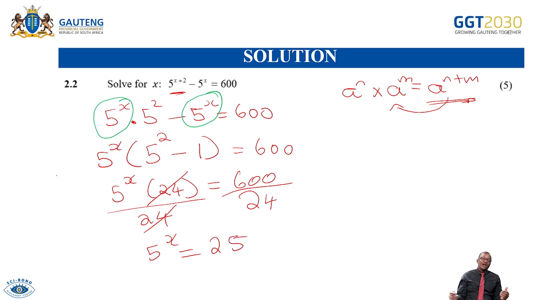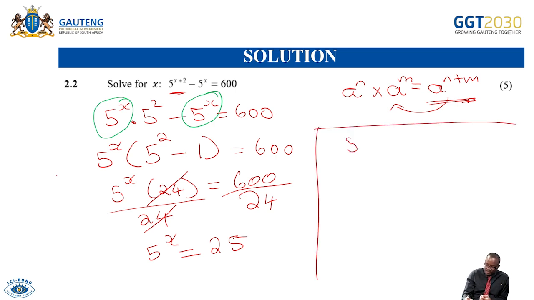Then you can now apply exponents. Remember, if you have 5 to the power of x is equal to 25, you can write it with prime factor as 5 to the power of 2. Therefore, if you have the same base, you equate the exponents. x is equal to 2.